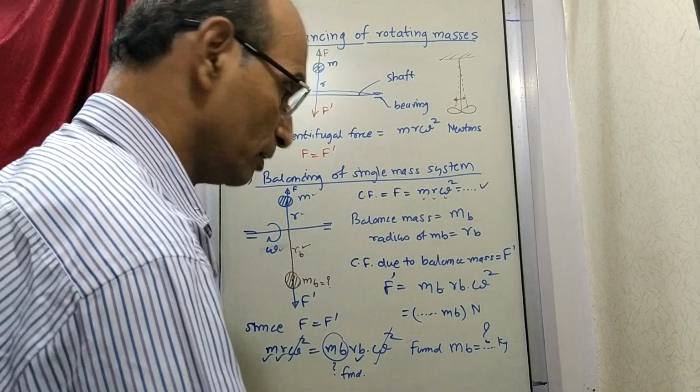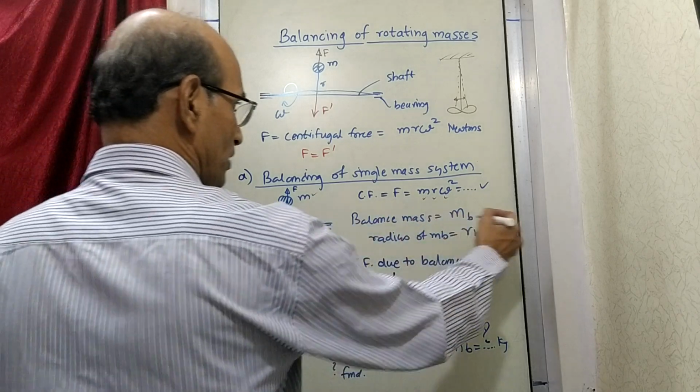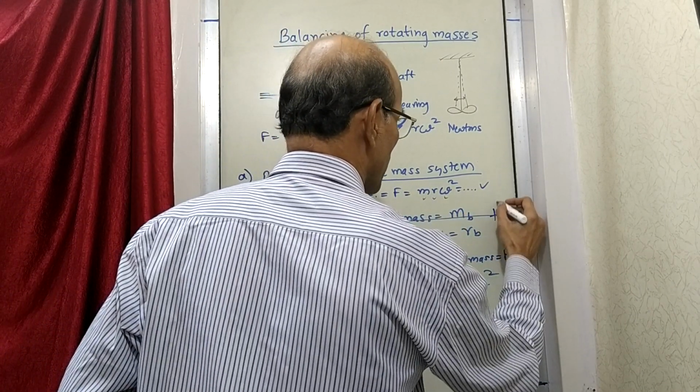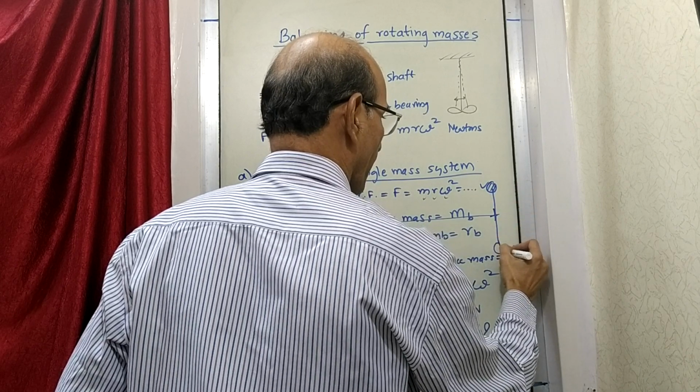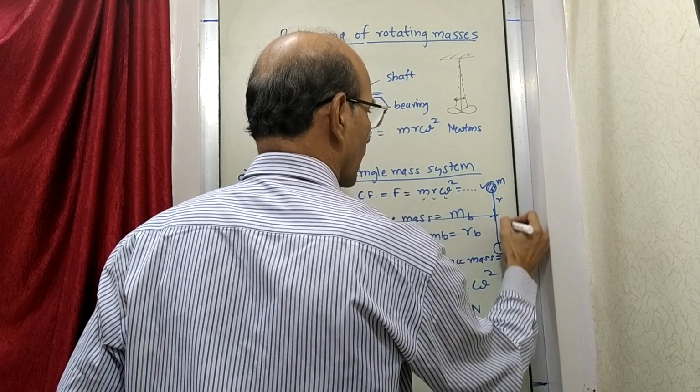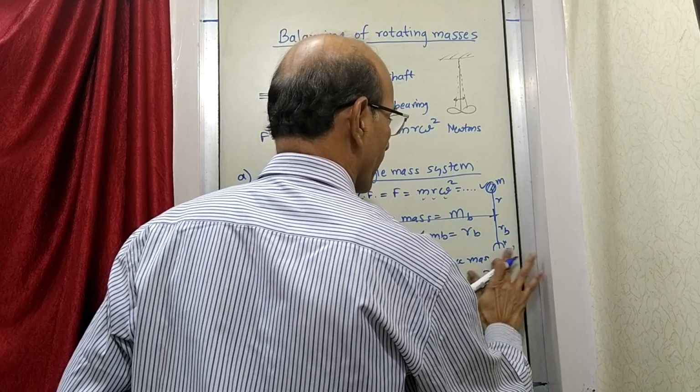Now how this is seen in the side view, suppose I try to draw the side view here. Side view could be like this. This is M, R, this is R_B, this is M_B.